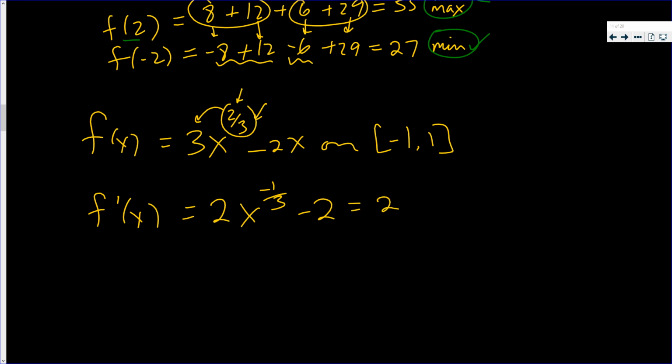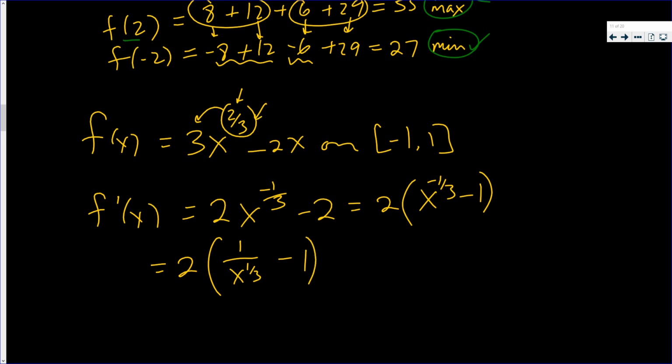Well, I can factor out the 2. So I have x to the -3rd minus 1. Well, that's 1 over x to the 3rd minus 1. All right.